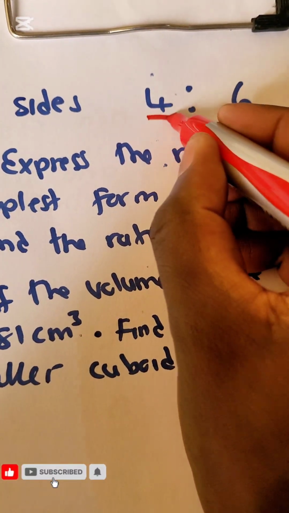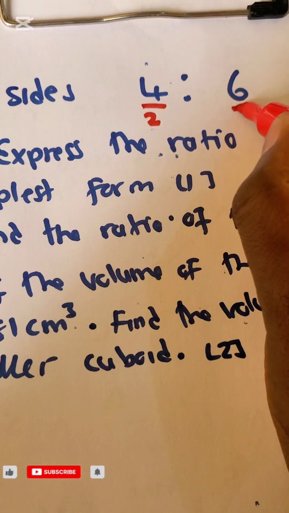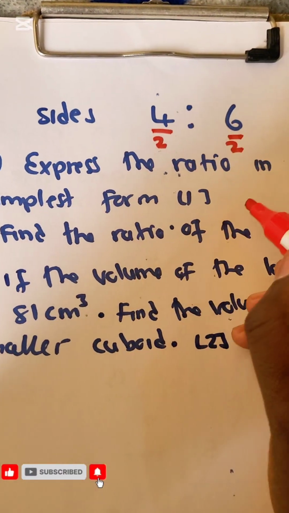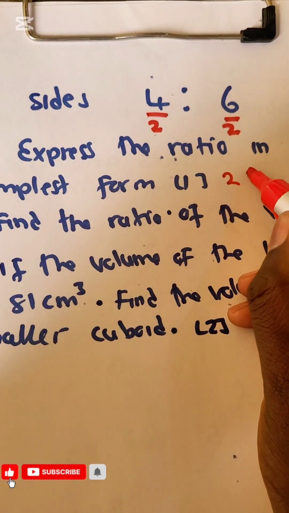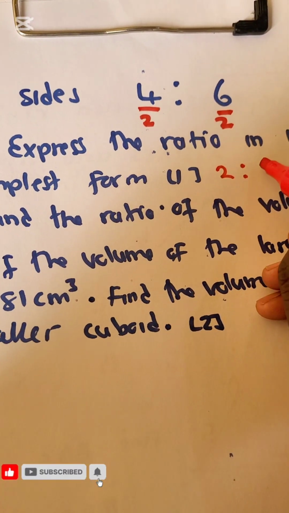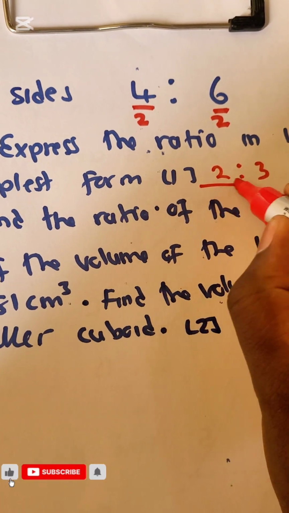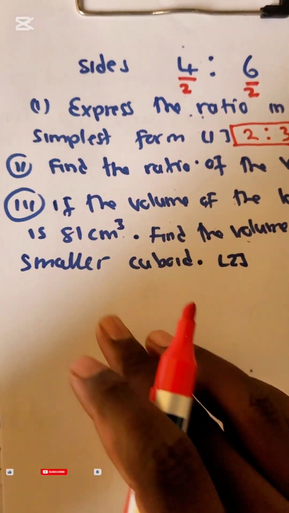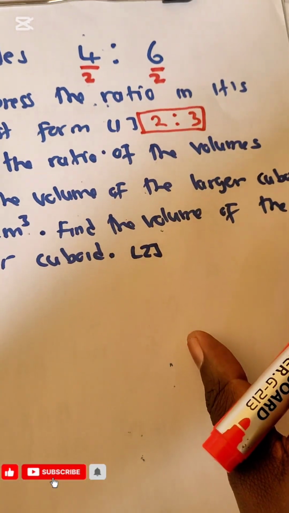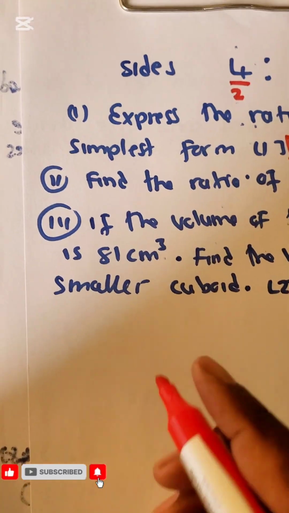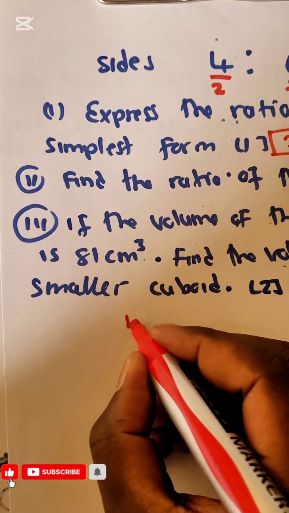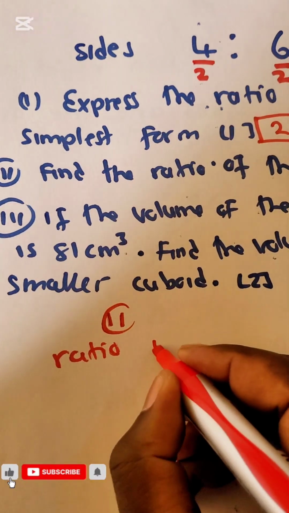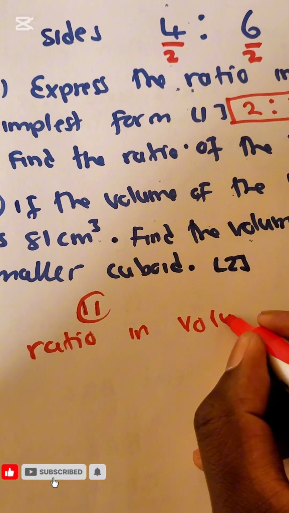We can divide both sides by 2. So the ratio in simplest form, 2 into 4 we get 2, 2 into 6 we get 3. So that's the ratio in its simplest form. Then find the ratio of the volumes.